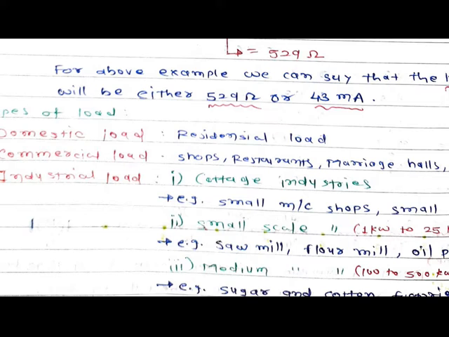And the last one is large scale industries, and the range for large scale industries is 11 kV to 33 kV and above. Cement, chemical, steel mills, etc. will be considered under the large scale industries.